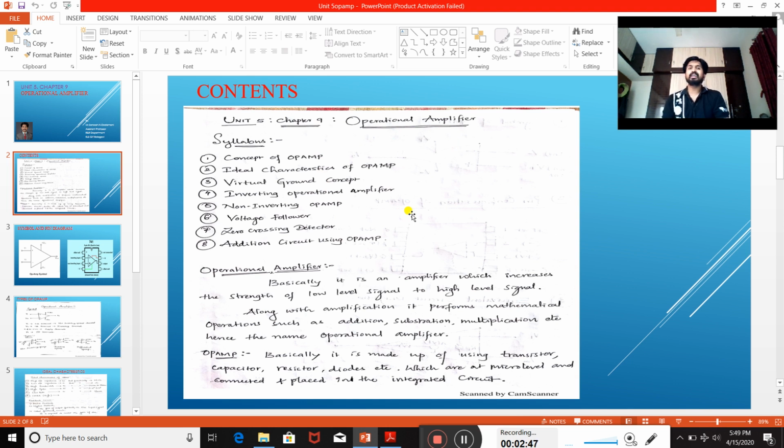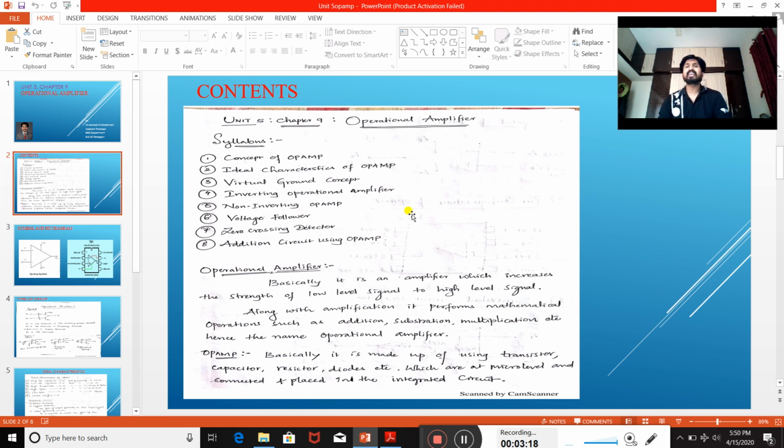It is an integrated circuit, basically made up of silicon material. Inside that, many resistors, capacitors, diodes, and transistors are connected together in such a way that it produces the required output. So this is the basics of the operational amplifier.